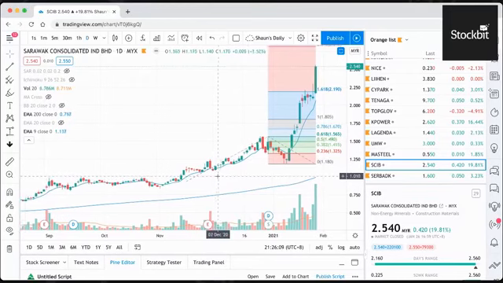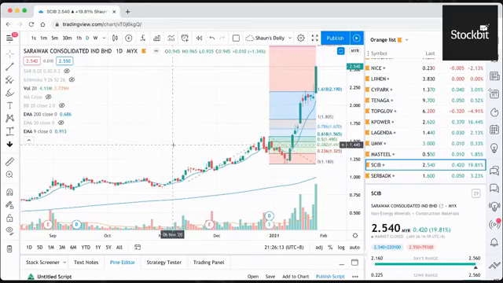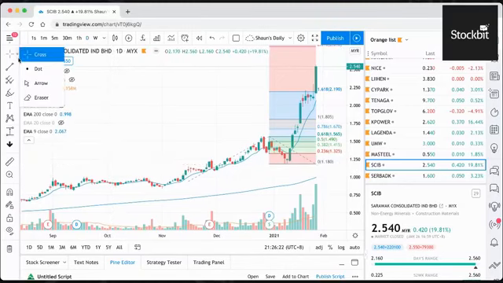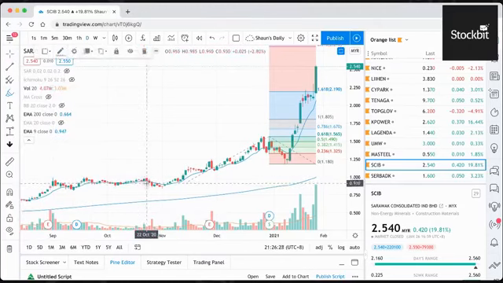So the first one that I spotted from here was back in November. It's not quite a continuation pattern, but we have... oops, that's my pen. Okay, this one is a bit more rare.